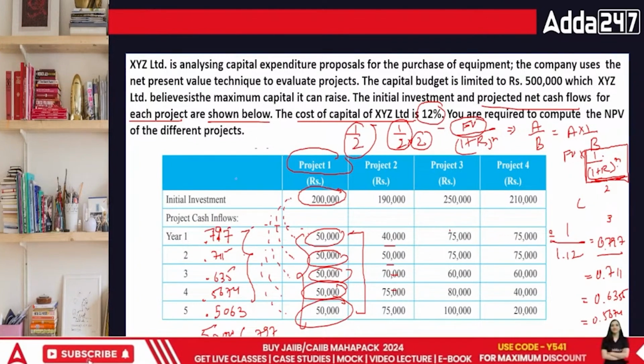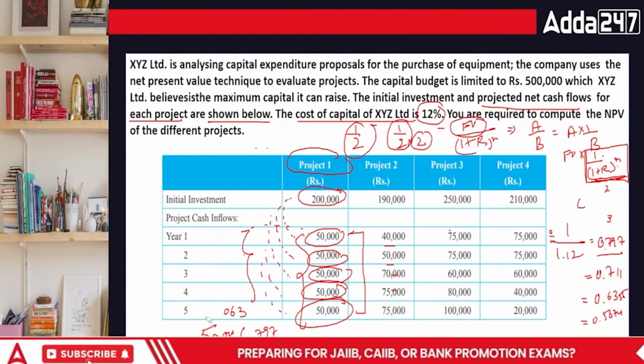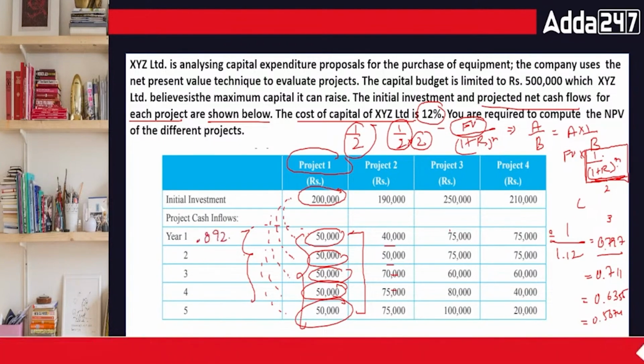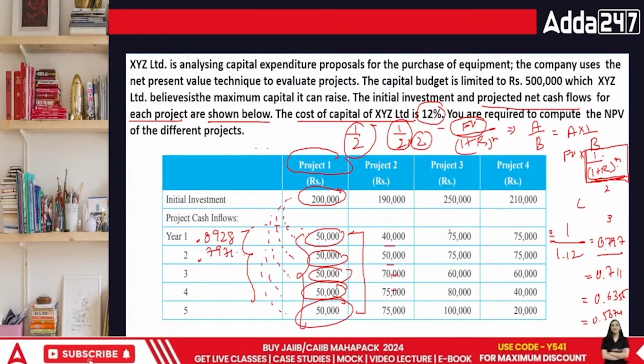Oh, one mistake. For the first year, I missed it out. You would have got the value of 0.8928 for the first year, 0.7971 for the second year.